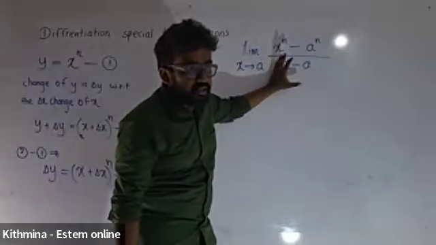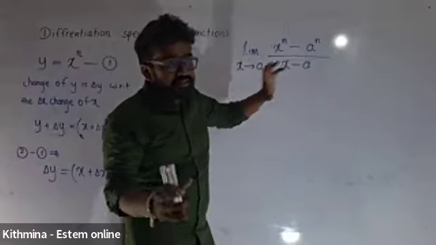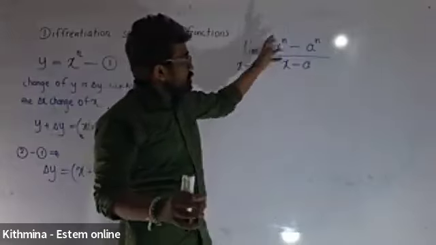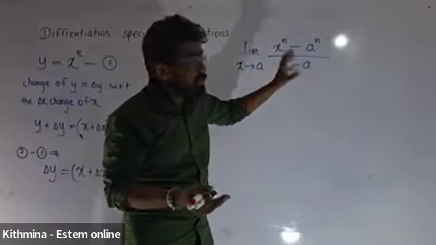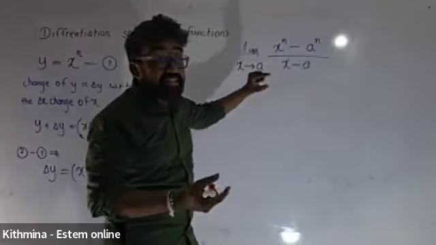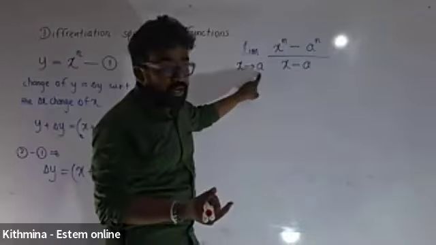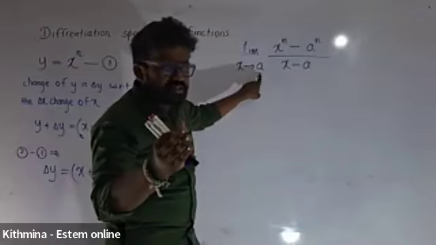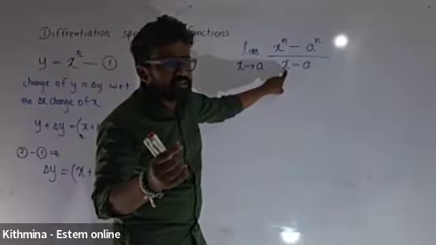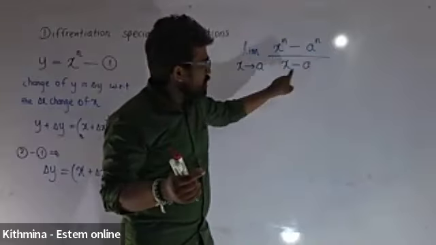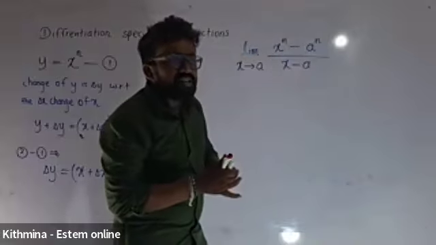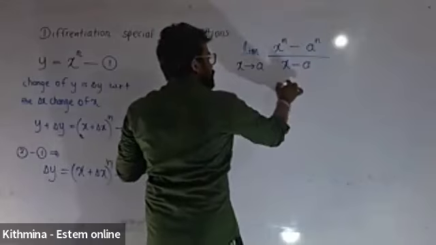If there is a limit to calculate in this format, and x tends to a, just substitute x with a. What happens? a to the power n minus a to the power n over a minus a. What's the answer? The answer is 0 over 0.